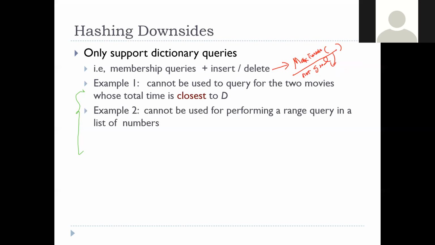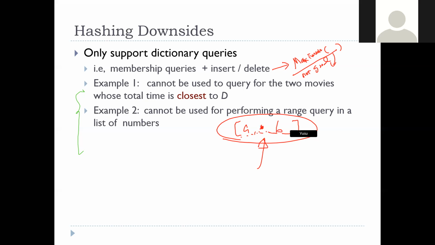For the same reason, the hash table is also not good at performing a range query on a list of numbers. That usually means that you want to return everything within the range, say A and B. The reason it is not effective is that to have an effective algorithm, once you find one element inside, you want to be able to quickly find all the other elements within this range.